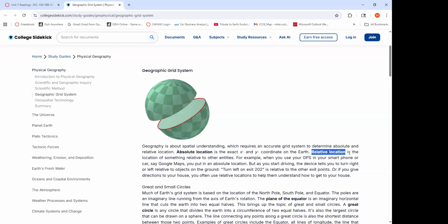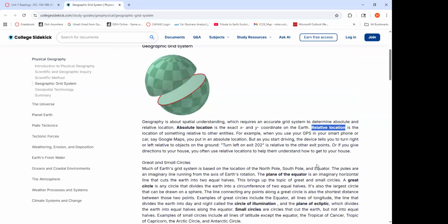There's often a set of businesses that like to locate near those high movement areas for traffic. And the relative location is where you are in relation to something else. So, for example, a lot of other smaller stores like to locate near Walmart because they want to be near a store that's generating a lot of traffic.